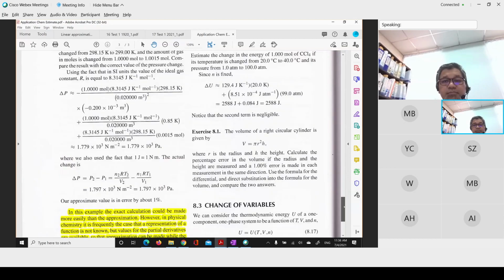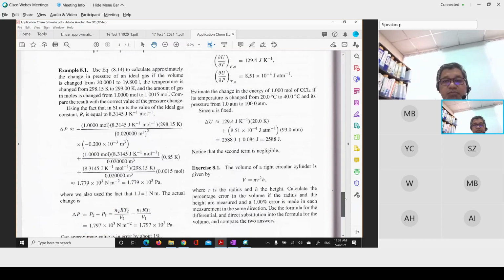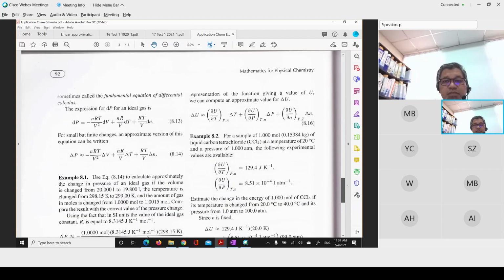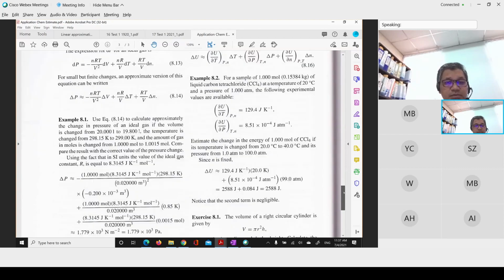He discussed this example here. For example, there is usually no simple formula giving the thermodynamic energy as a function of its independent variables. However, we can write this differential here. These partial derivatives can be obtained experimentally. So in some cases, the linear approximation formula is very useful, for cases where the exact formula is unknown.